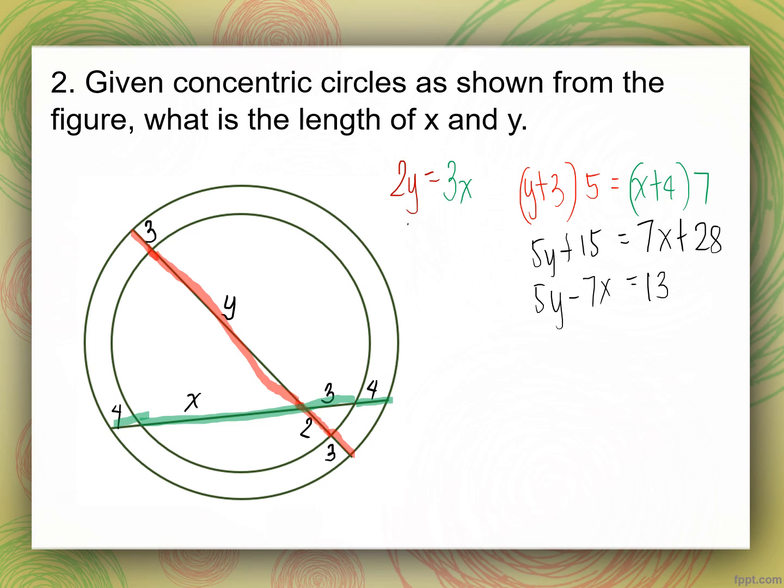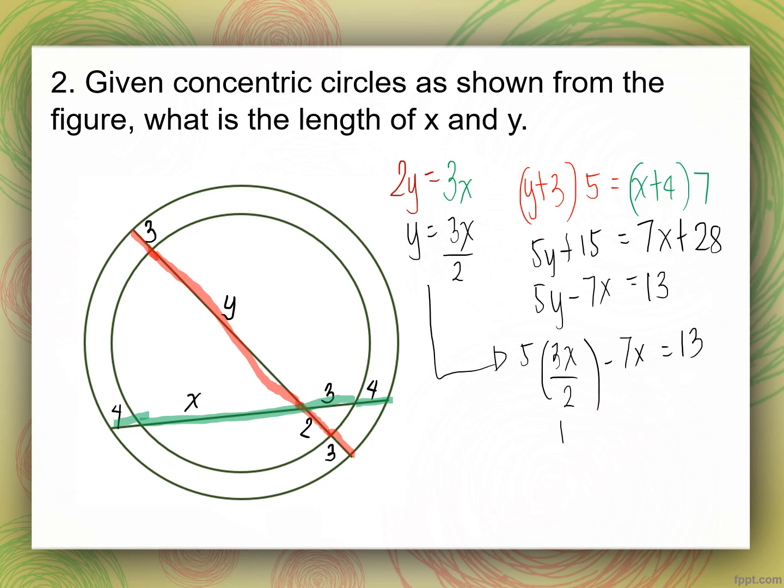So y is equal to 3x over 2. And then let's plug it into our second equation. So this would be 5 times 3x over 2 minus 7x is equal to 13.